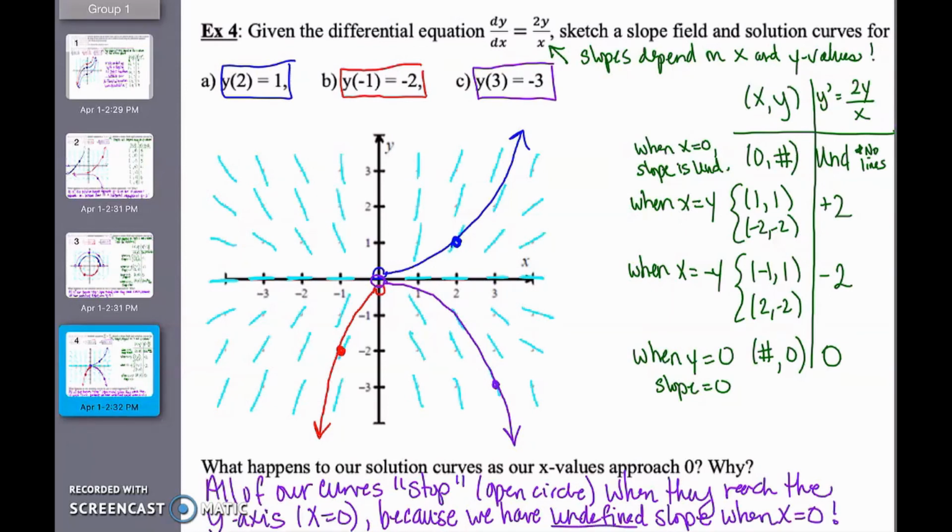And again, that's the key right there. All right, and this concludes our notes on section 7.2, slope direction fields.